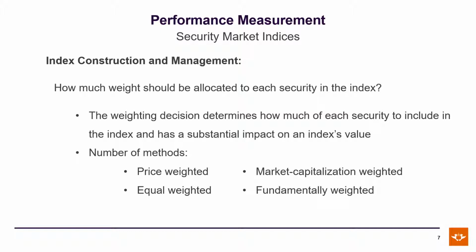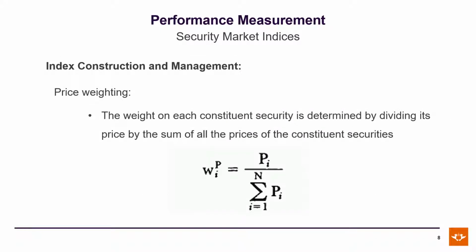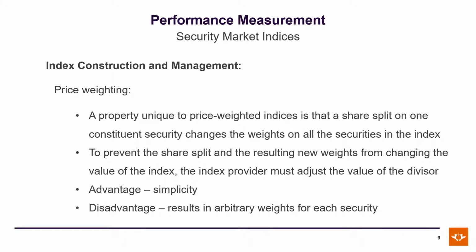For price weighting, in a nutshell, they take the price of the security they're interested in and divide it by the sum of all the prices of the securities in the index. The unique property of a price-weighted index is that share splits don't affect the value of the index.